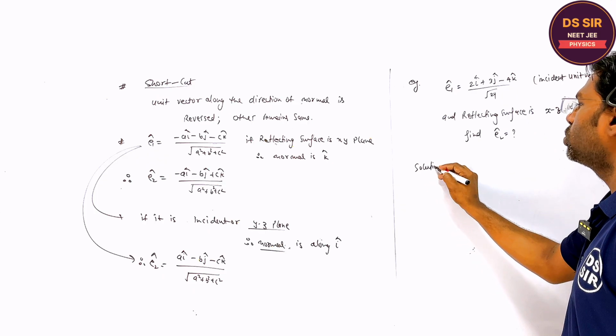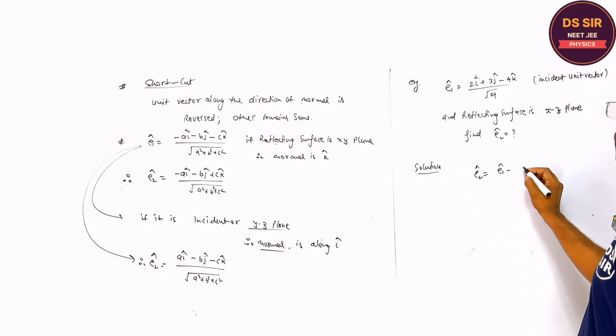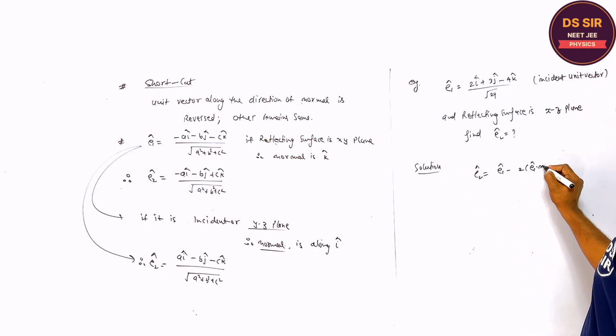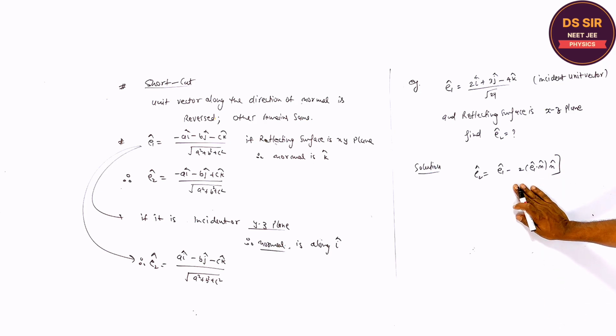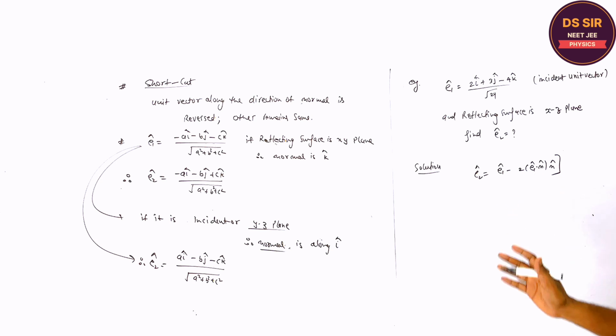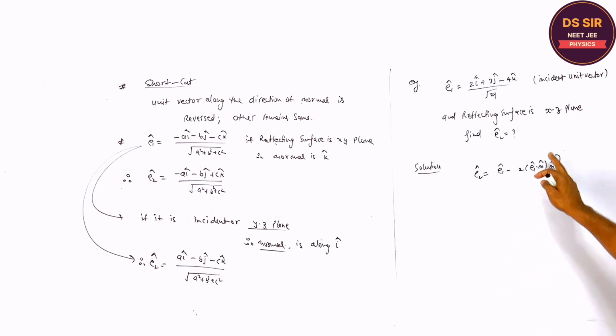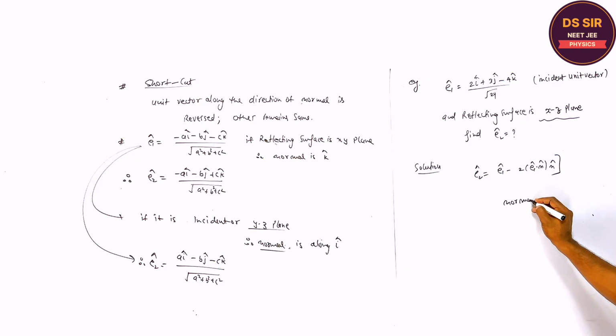So no need to apply this formula, although you may apply the formula E1 dot n cap into n cap. Is it clear or not? Or directly you can write the answer. When you put all the values in this formula and calculate, it takes time, and you will get the same answer. If this is the xz plane, so what is the normal? The normal vector is j cap.